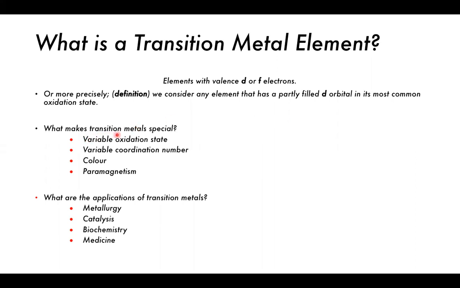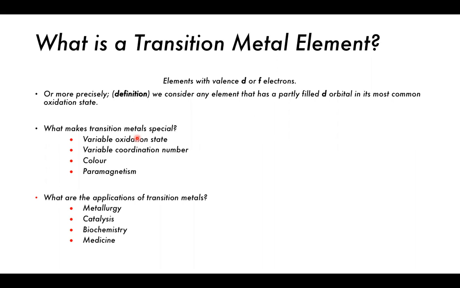And so what makes transition metals special? Well, unlike, for example, the S block and the P block, which are typically going to be locked into one particular oxidation state, for example, lithium is typically +1, magnesium +2, nitrogen usually is nitride, fluorine is fluoride and whatnot, transition metals are not restricted in such a way.